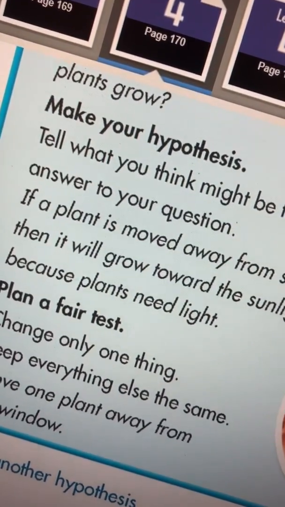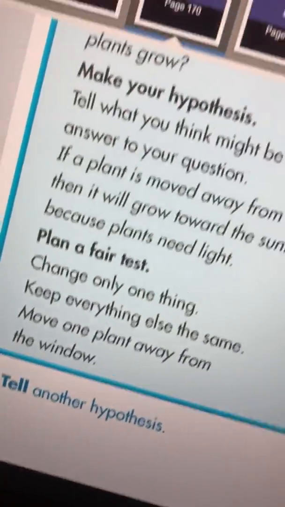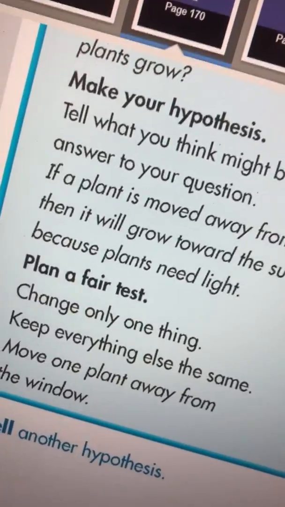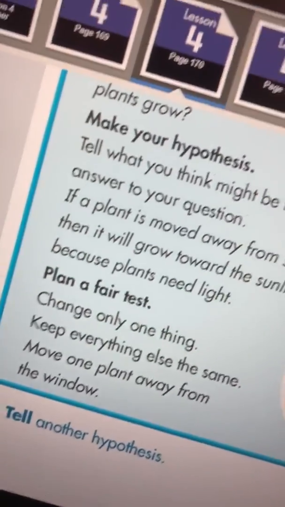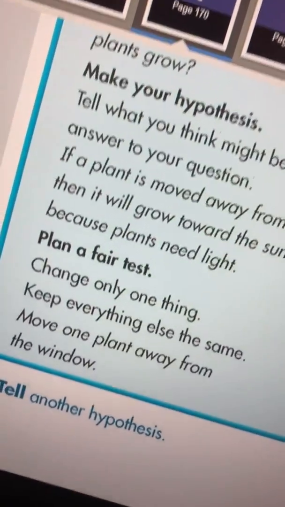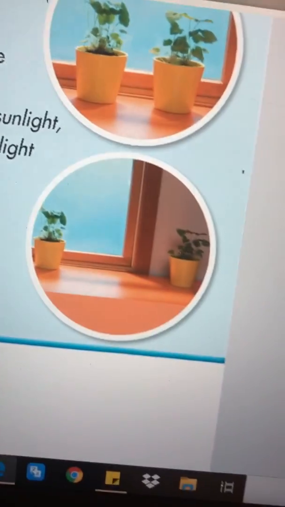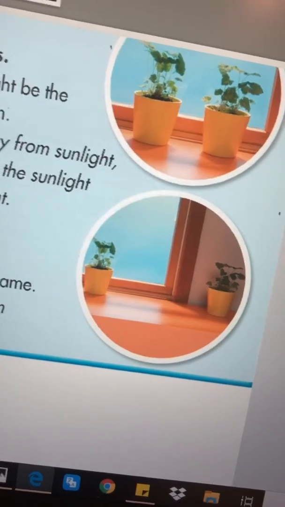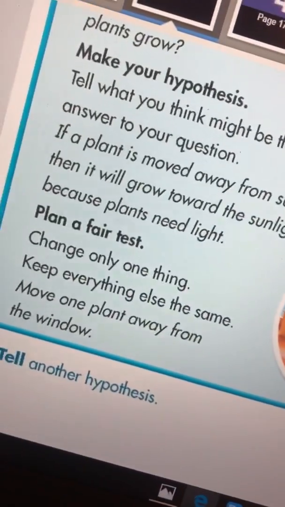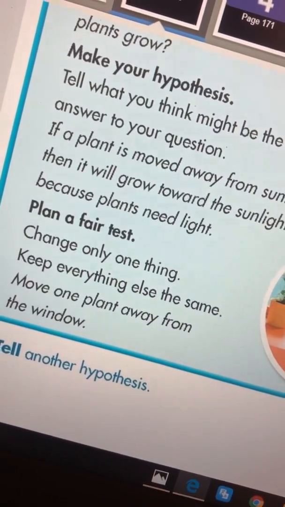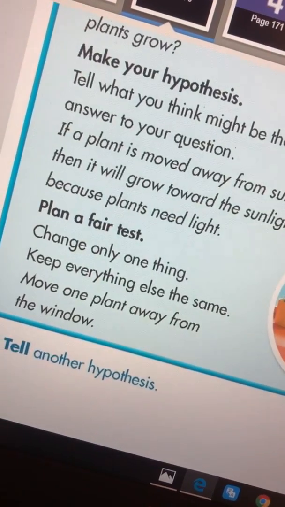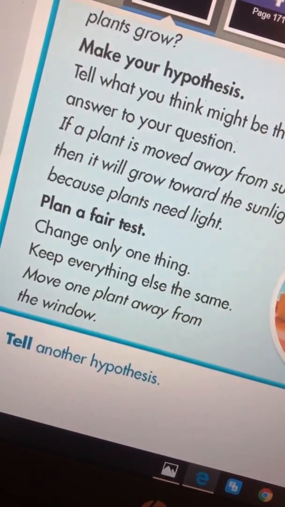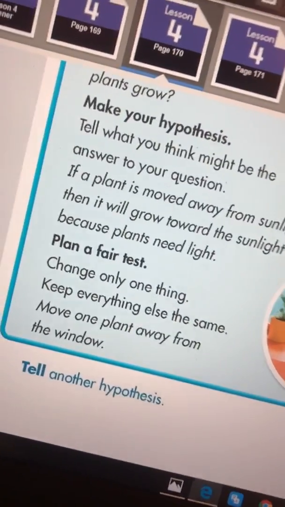You answer your question firstly, and then you will test your hypothesis. So third step, plan a fair test. Change only one thing, keep everything else the same. Move one plant away from the window or from the sunlight.